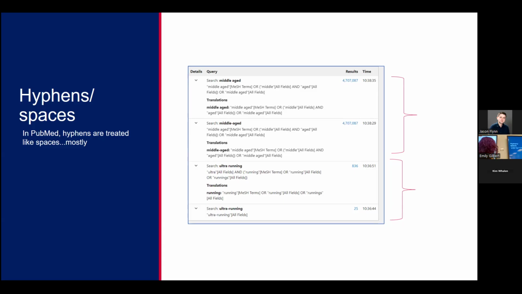It looks like it's doing the same thing as with the hyphen, but then ultra running with the hyphen does a more complete search, and without the hyphen, it brings in running the MeSH term. So it's not precise, but there is a difference between a recognized MeSH term and something that has been constructed, like ultra running. So it is important to take a look at your details there and decide whether a hyphen or space is useful.